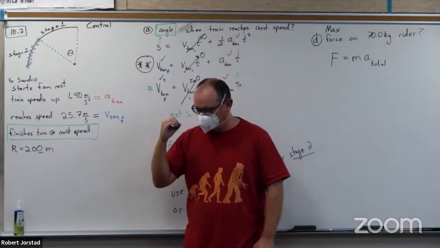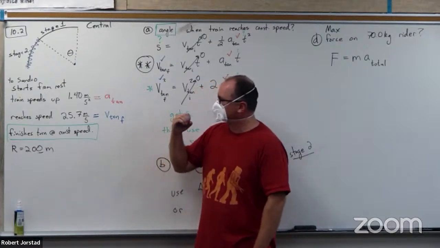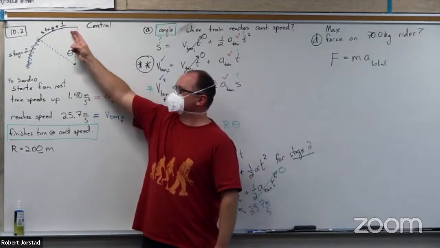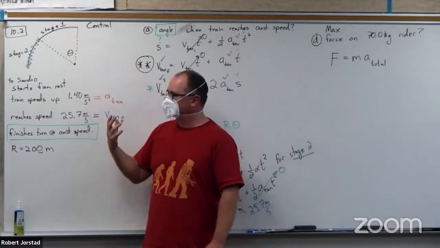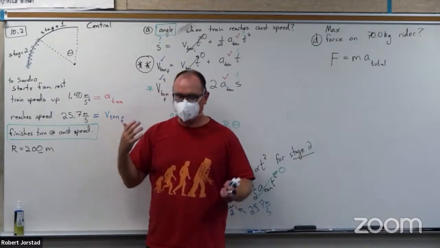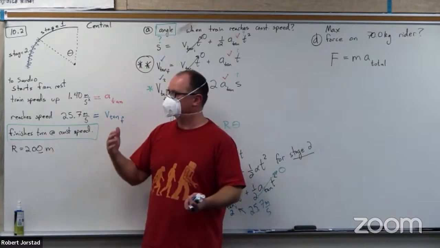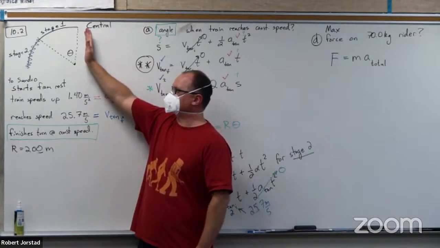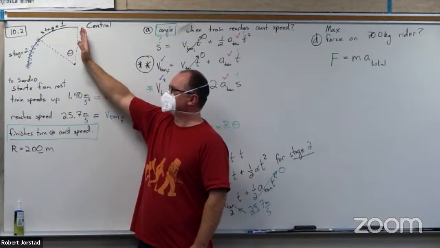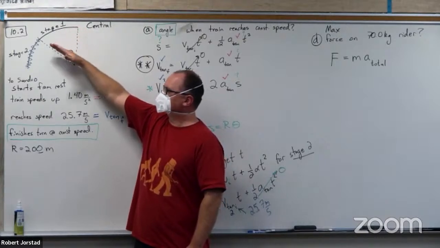at the beginning? 0. After you start moving, do you agree AC is going to grow in size? When will you have the largest AC? When does AC get as big as possible? Stage 1, 2.